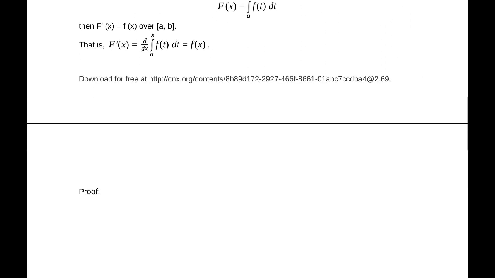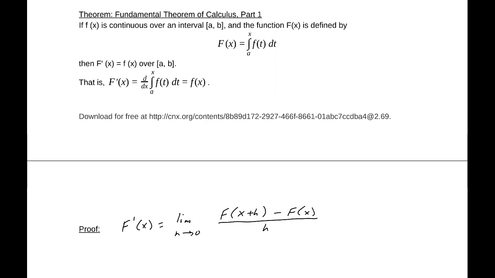So our proof. Let's begin by saying F prime of x. What is that based on the limit definition? That is the limit as h goes to 0 of capital F of x plus h minus capital F of x, divided by h. Well, from the statement of our theorem, F of x is this integral, where this value is our independent variable.